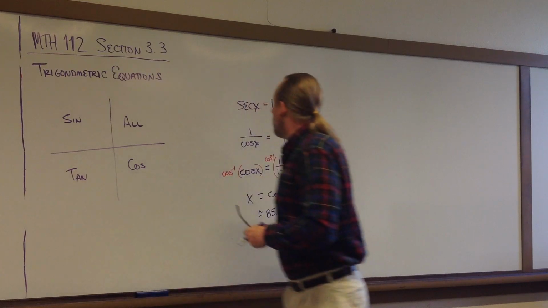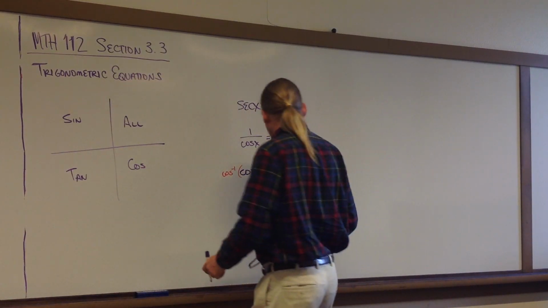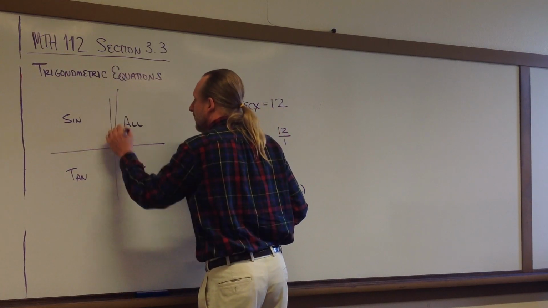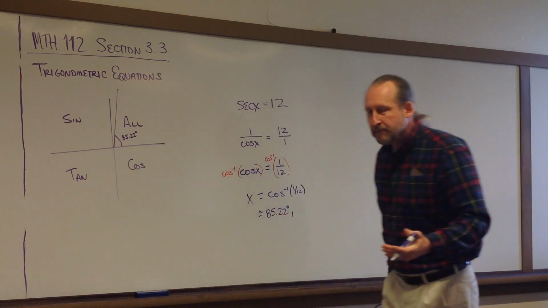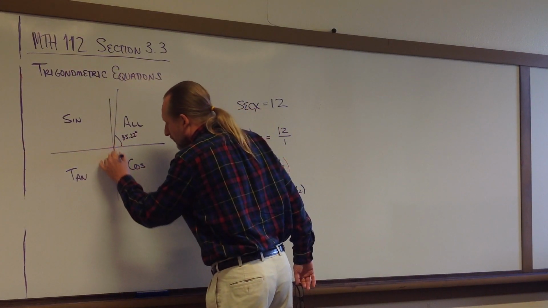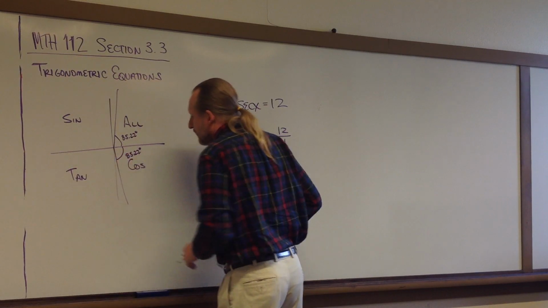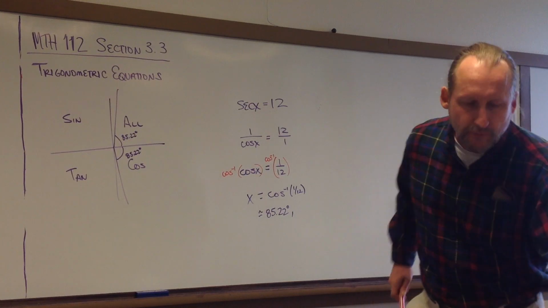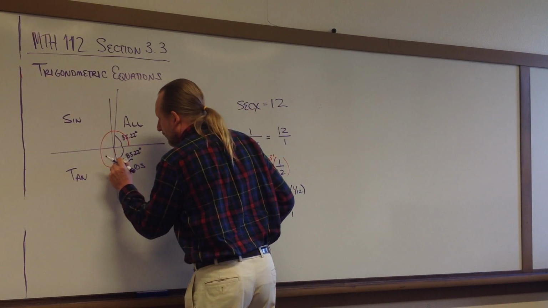Okay, so the cosine was a positive 1/12, and that means we're going to get this angle 85.22 degrees in the first quadrant, but the cosine is also positive in the fourth quadrant. So we put a reference angle of 85.22 into the fourth quadrant, and then we can calculate the angle that has that reference angle.